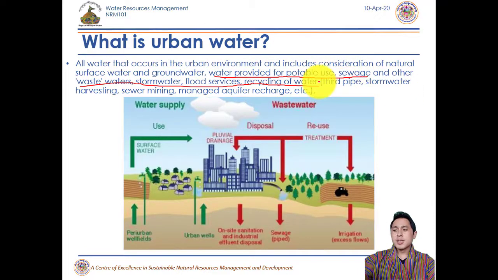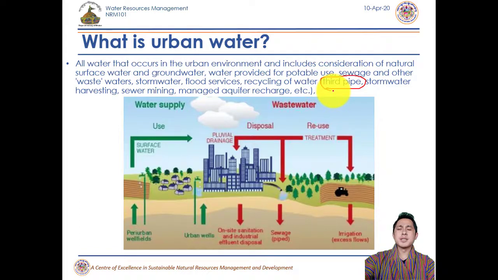And we have a term called third pipe. It's an extra term in urban water. Third pipe water is treated water. Generally, sewage water is treated, and people may or may not drink it because it may or may not meet the standard of drinking water.